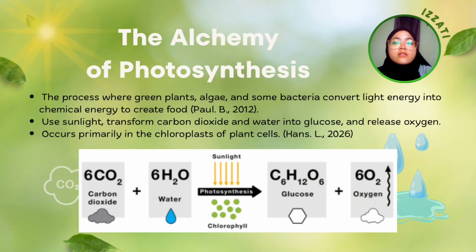The process starts on the left with 6 molecules of carbon dioxide combined with 6 molecules of water. In the presence of sunlight and the green pigment chlorophyll, the reaction is driven forward, producing 1 molecule of glucose used for plant energy and growth, alongside 6 molecules of oxygen, which is released into the air for us to breathe. Ultimately, it is a perfect natural factory cycle, turning basic elements into the very building blocks of life.